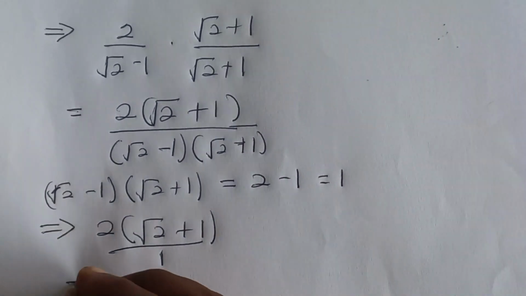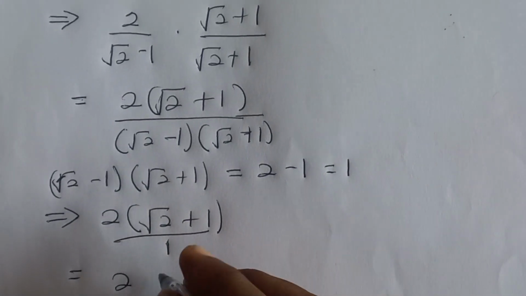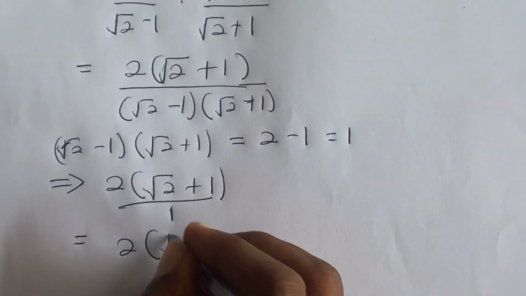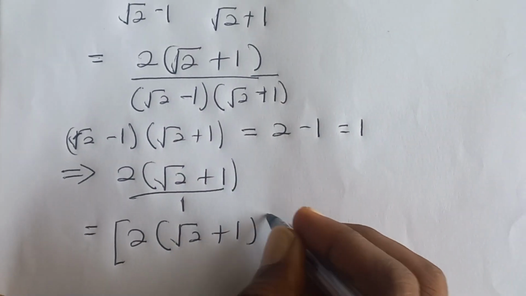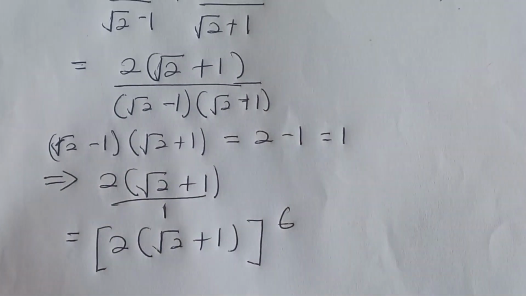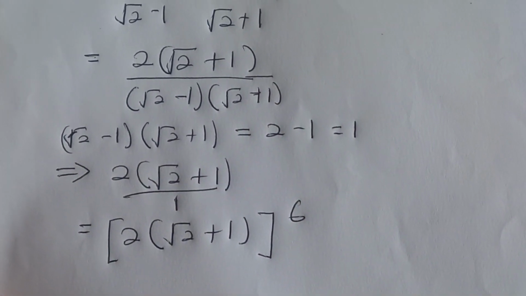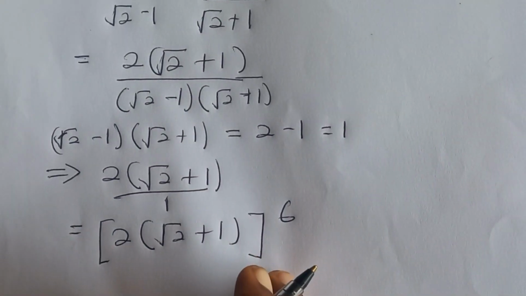So you're going to get 2 into bracket square root of 2 plus 1, all exponent 6. Now we are back to our main question.